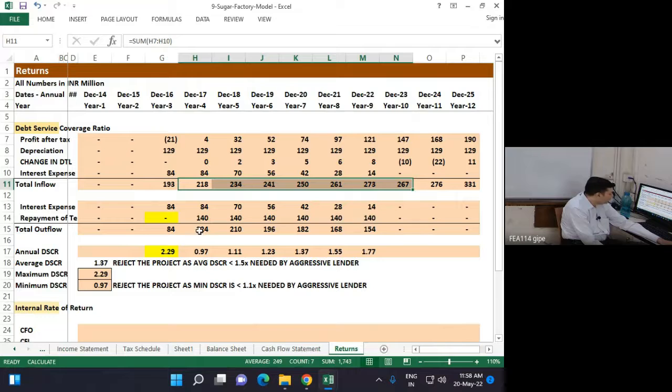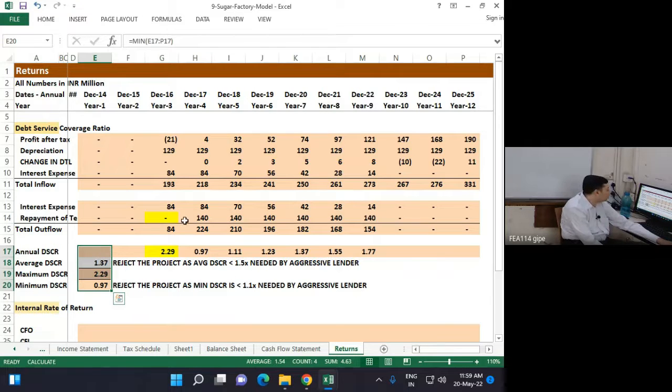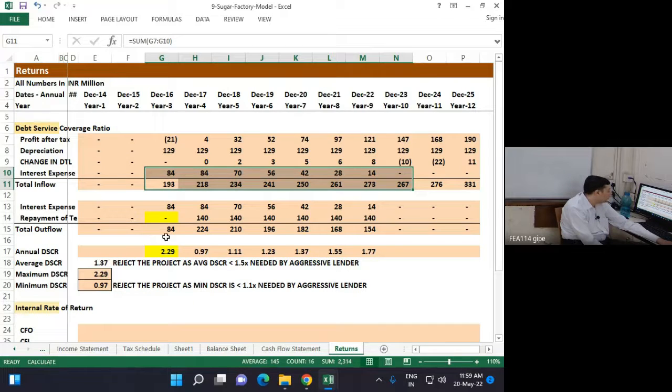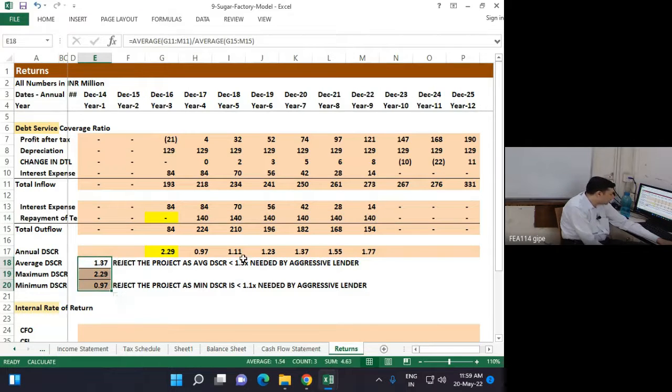So if this kind of repayment was scheduled for later period, then probably you would have the money to deal with it. So equal repayment debt, obviously, this kind of debt structure for the current project is not suitable. So either you see that you can improve the cash flows, or you see that if you can adjust the debt repayment pattern, maybe the project might just see the light of day.